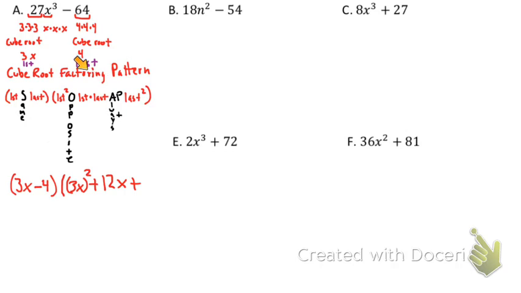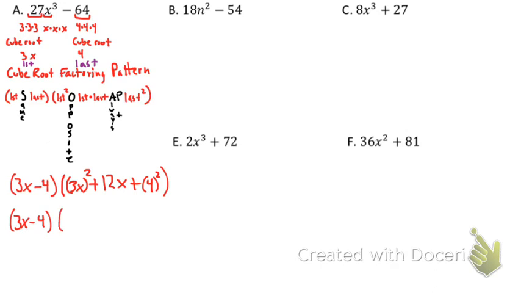And then the last term we put is take your last and raise it to the second power, so 4 squared. I'll put this in parentheses again. And now we're basically done factoring. The only thing we want to do now is clean this math up. So 3x minus 4, nothing's happening there.